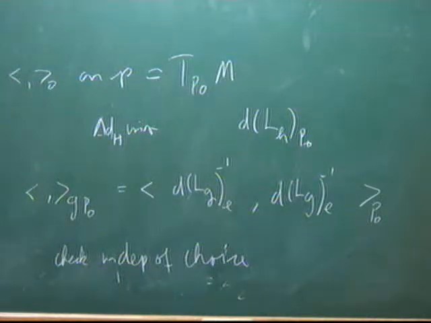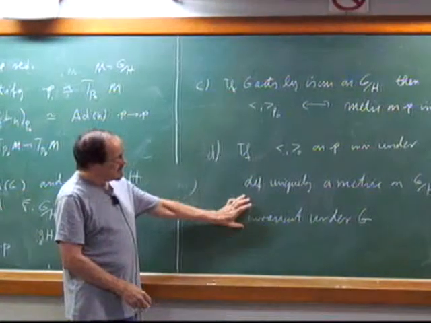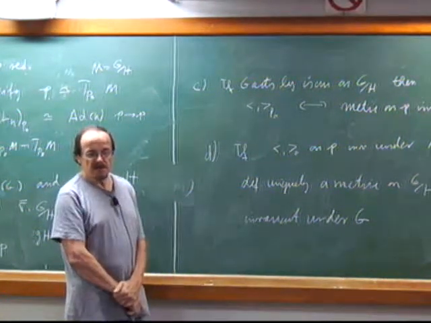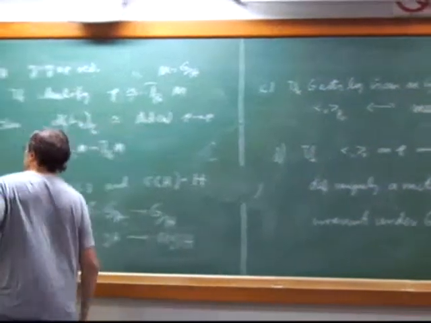Notice in particular, this means now that you can describe the set of all G invariant Riemannian metrics in a homogeneous space. It becomes finite dimensional.